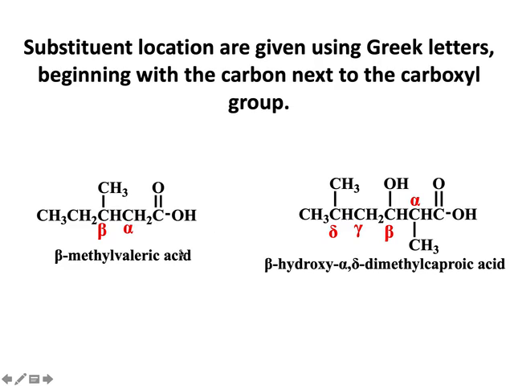This one is the carboxylic acid functional group, and the carbon nearest to it becomes the alpha carbon. This one becomes the beta carbon, and this one becomes the gamma carbon, and so on. These letters we call Greek letters.